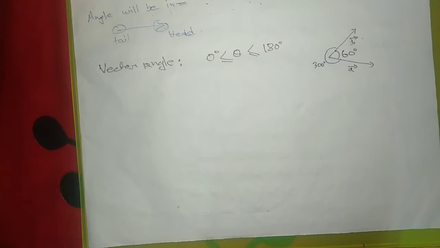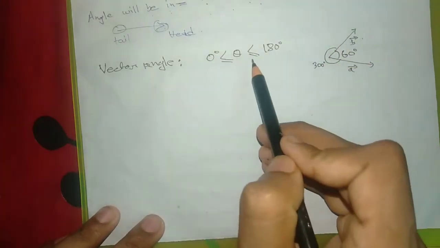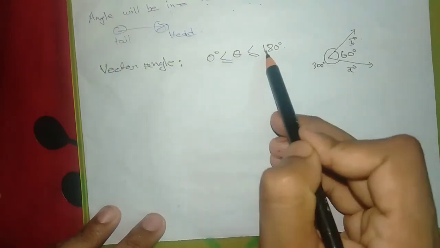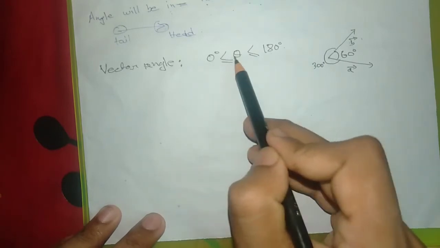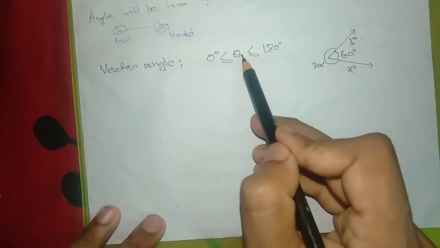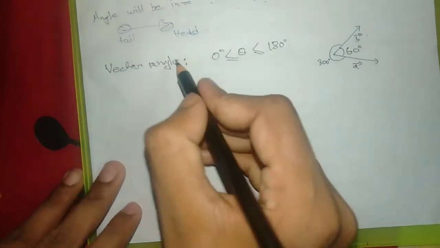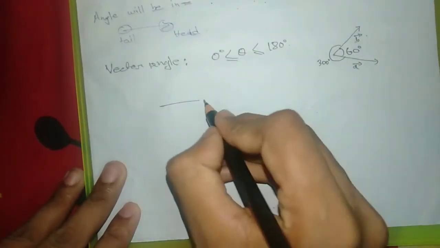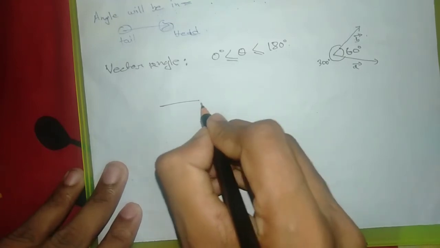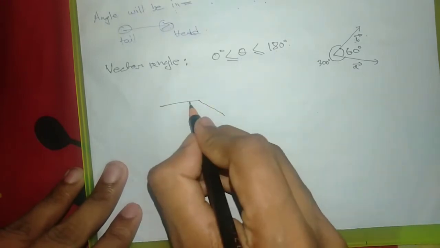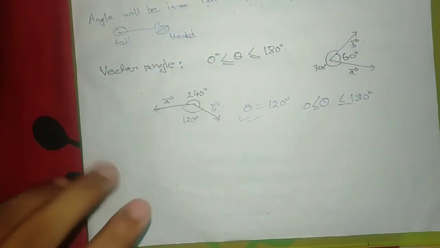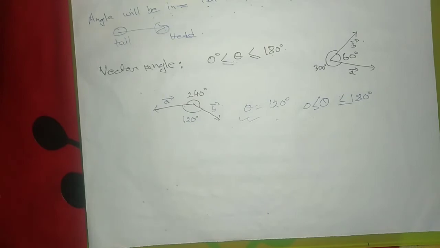Always remember, the vector angle is always less than or equal to 180 degrees and greater than or equal to 0 degrees. Okay, another example. Here two angles are given, 240 degrees and 120 degrees.